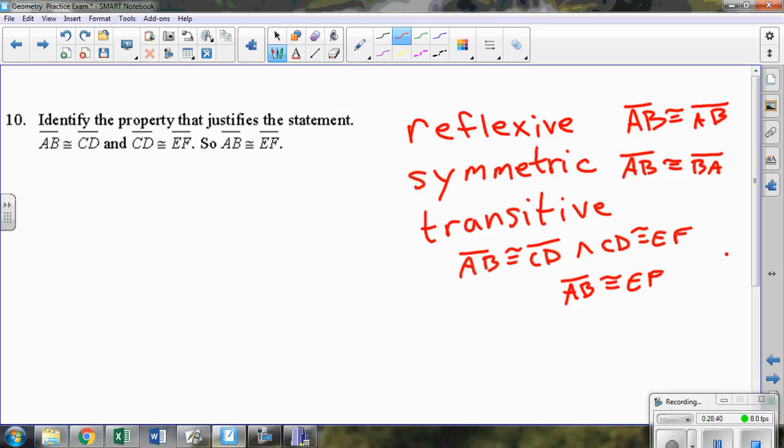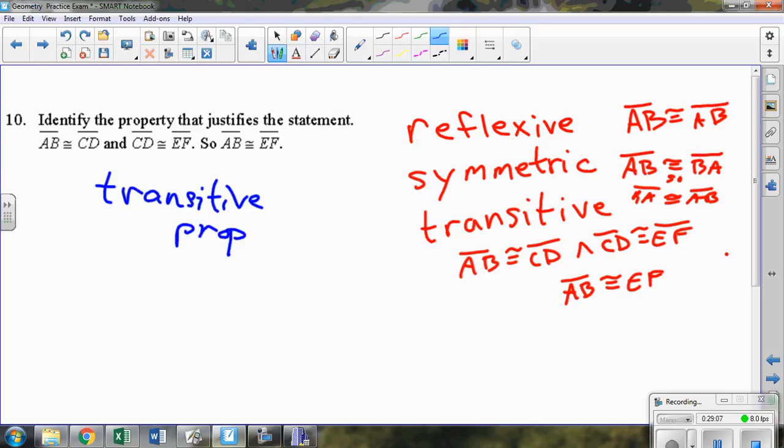When we're using congruency, we've got congruent. Symmetric, to elaborate, was used if you know AB is congruent to BA, we'd be able to say BA is congruent to AB. So anyhow, which one of these three is it? Just looking at the structure, we should recognize that this is the transitive property. And since we are using a congruent symbol, it's the transitive property of congruence.